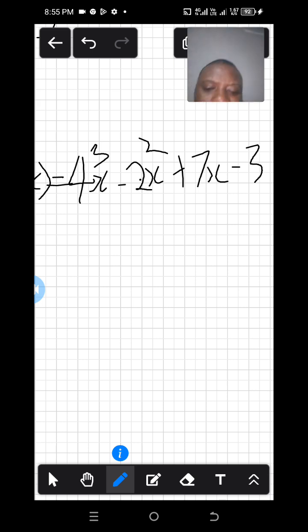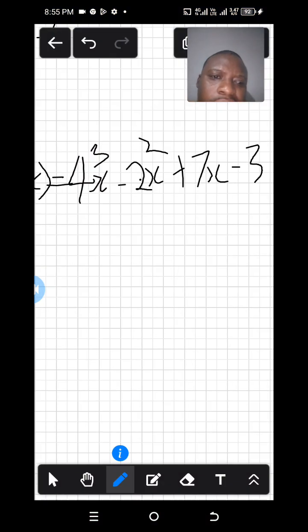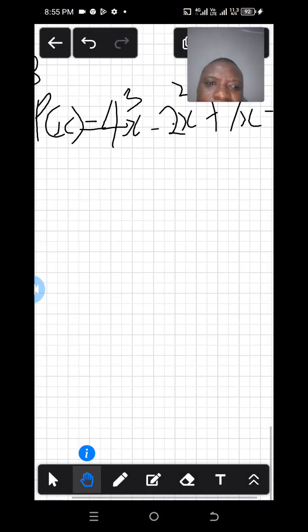Let us verify: 4x cubed minus 2x squared plus 7x minus 3. So that is the polynomial function.